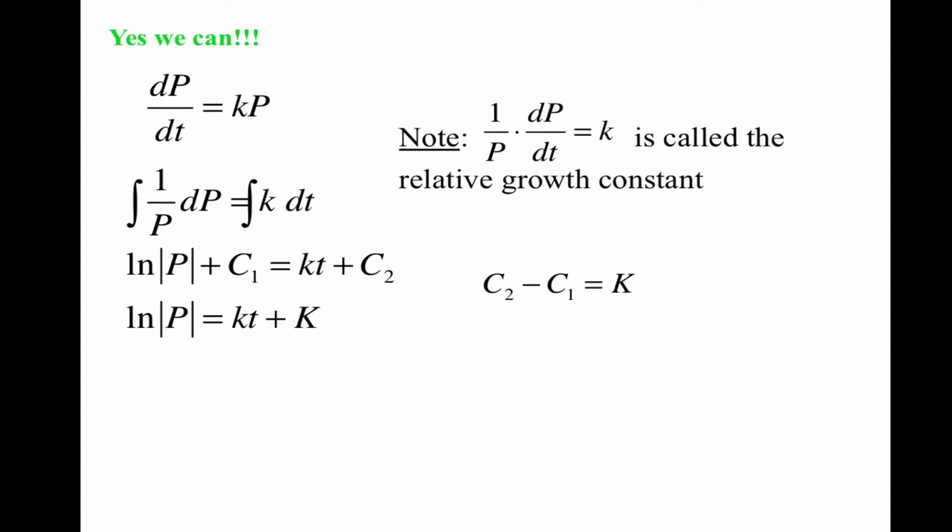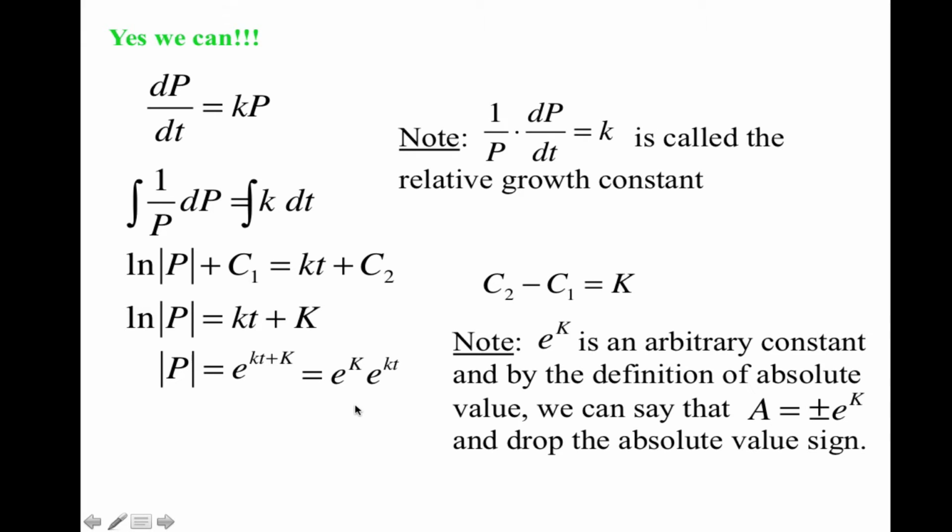So now I have the natural log of the absolute value of P equal to kt plus K, or big K. And my goal is to solve for P. So I'm going to exponentiate both sides, and I can separate the right-hand side by using my exponent properties backwards. And e to the capital K, that's just some arbitrary constant.